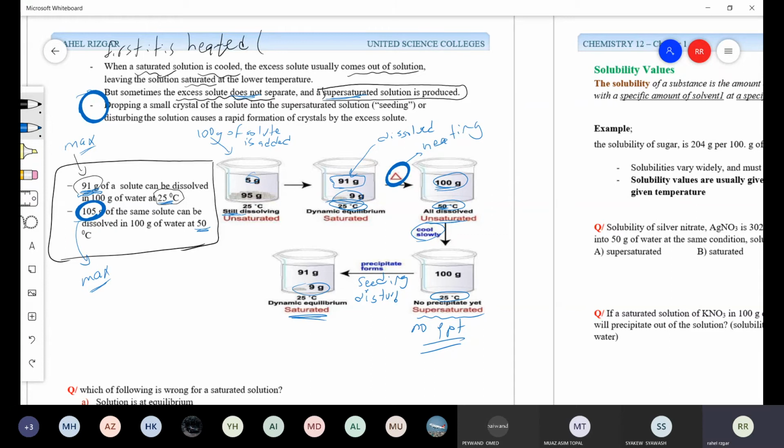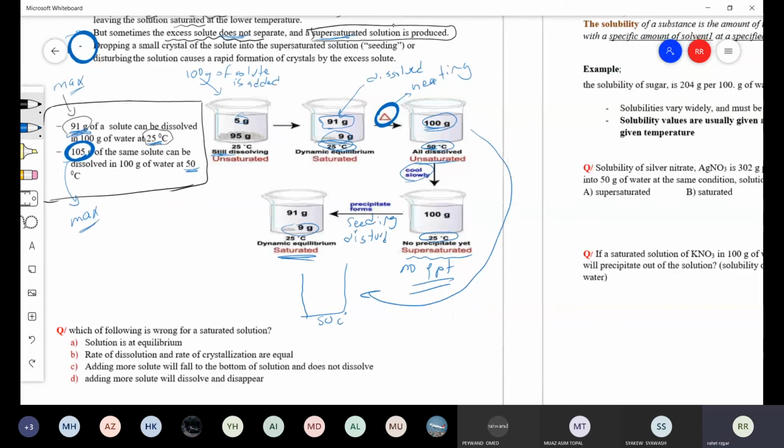Let me give you another figure. For example, after this, I will put some more solute at 50 Celsius, right here, 50 Celsius. We have 105 grams dissolved.